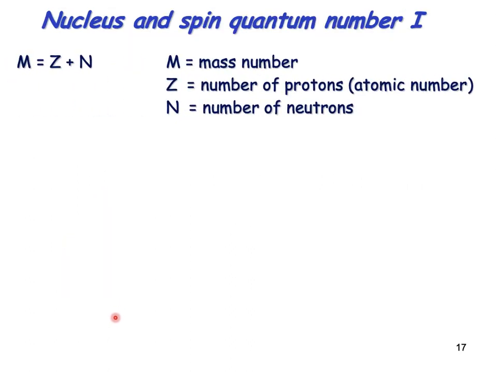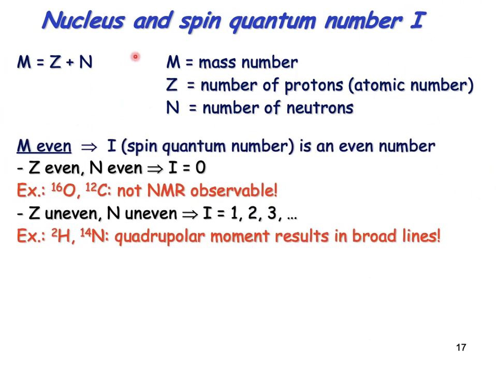The spin quantum number is abbreviated as I. Now, M is equal to Z plus N, where M is the mass number, Z is the number of protons, and N is the number of neutrons.